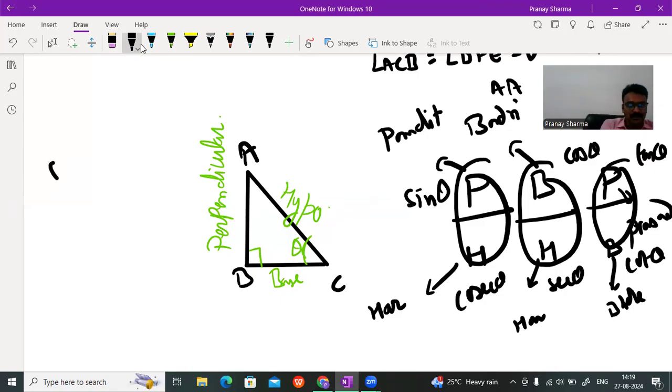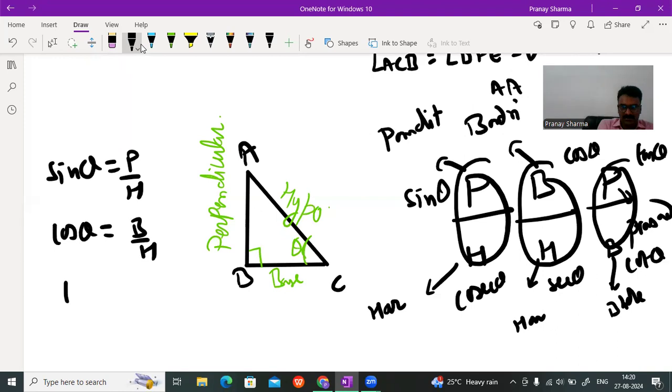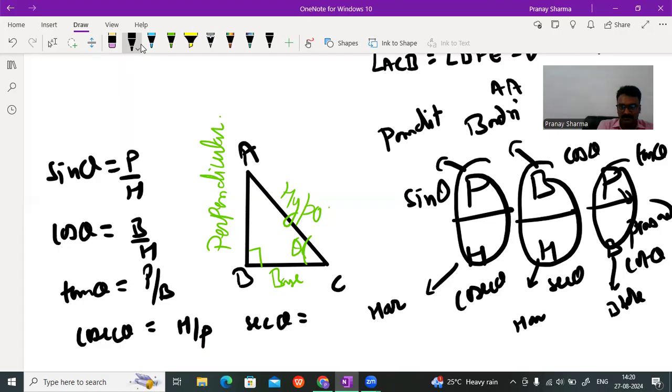So I'm rewriting it here. Sine theta is P over H. Cos theta is B over H. Tan theta is P over B. Cosec theta is H over P. Sec theta is H over B. And cot theta is B over P.